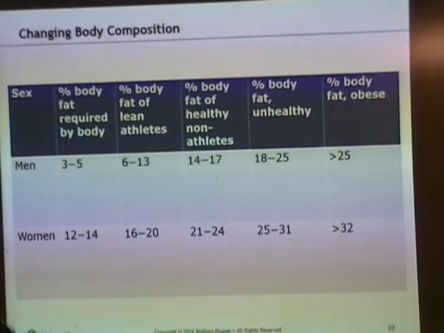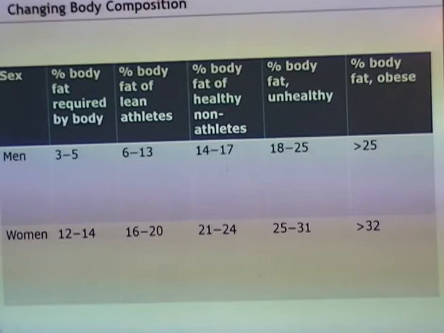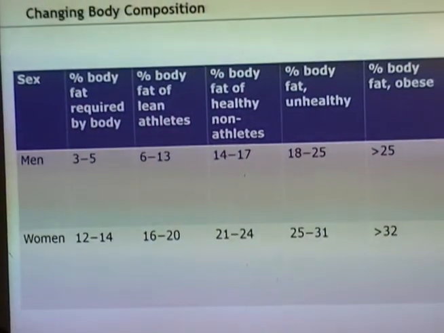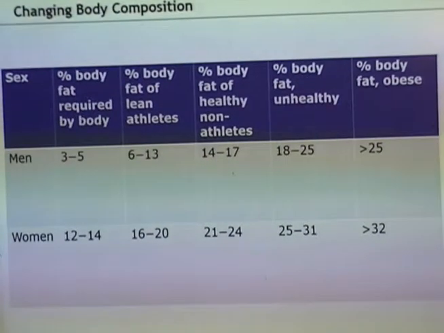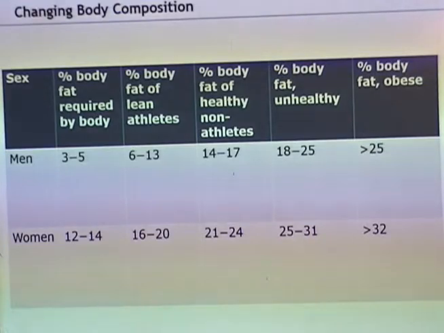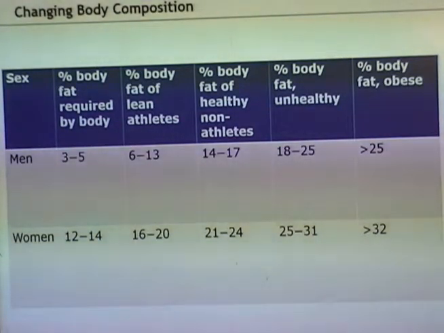So, percentage body fat. I want to change my body composition. Remember we said pre-post. The first thing is I have to know what my body composition is right now, so I would have to measure body composition ahead of time.